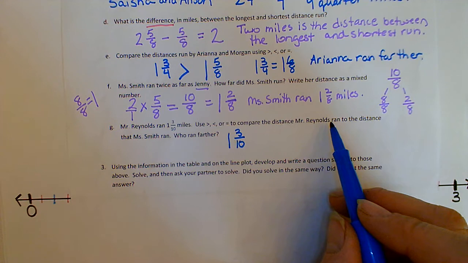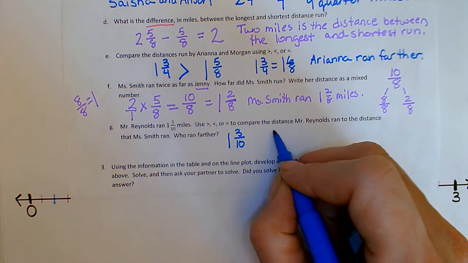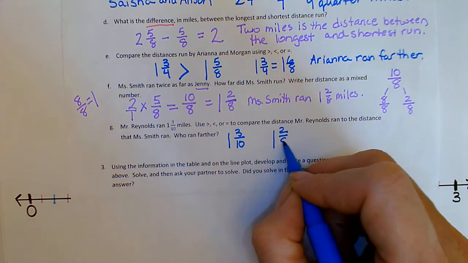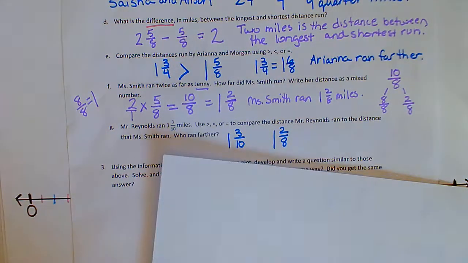And Miss Smith ran 1 2/8 miles. And we do not have a common denominator to compare these two. They are not related, so we are definitely going to have to figure this one out. So here's a nice clean piece of paper for us to work with.